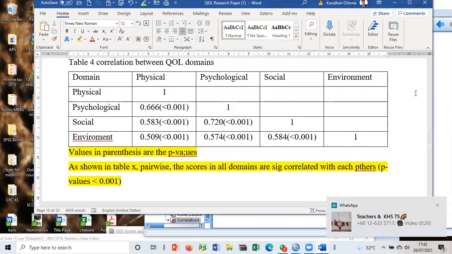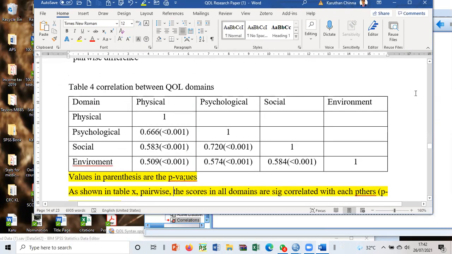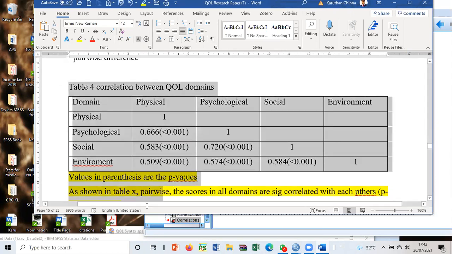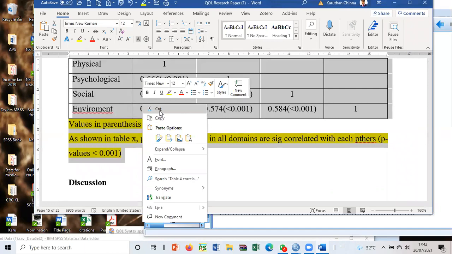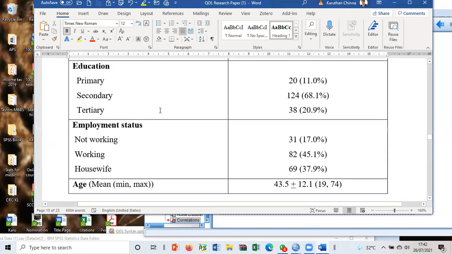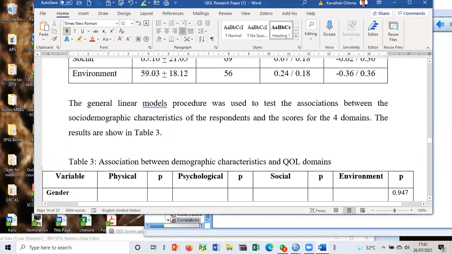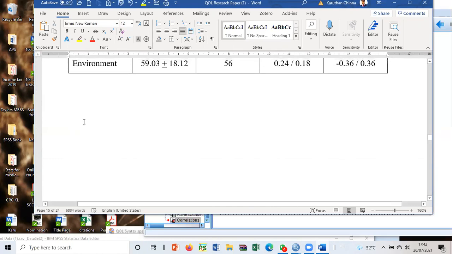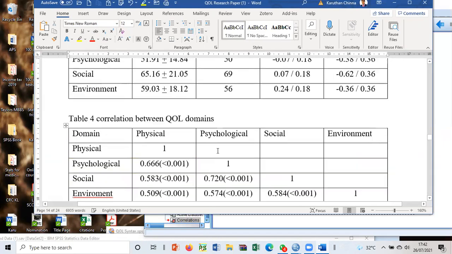Questions? Right, this must come before factors associated. Okay. Immediately after describing this, put that value first. Before testing against demography, you do this first.